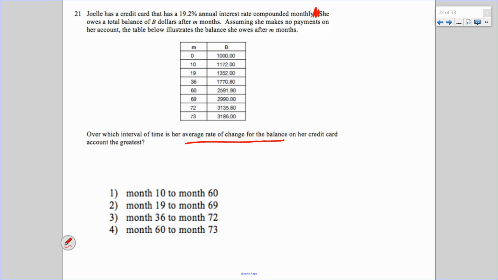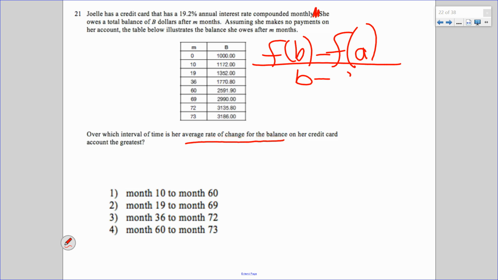Well, average rate of change, we have a song for that. If you want to go to my Common Core Algebra 2 playlist: f of b minus f of a over b minus a. Now, these questions are a little annoying because you're going to have to go through each choice and see which one has the greatest average rate of change.